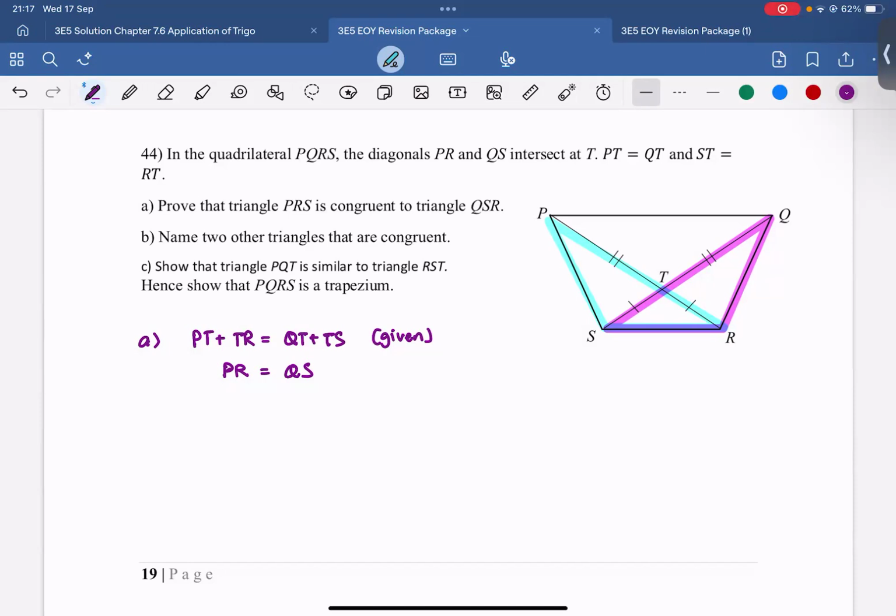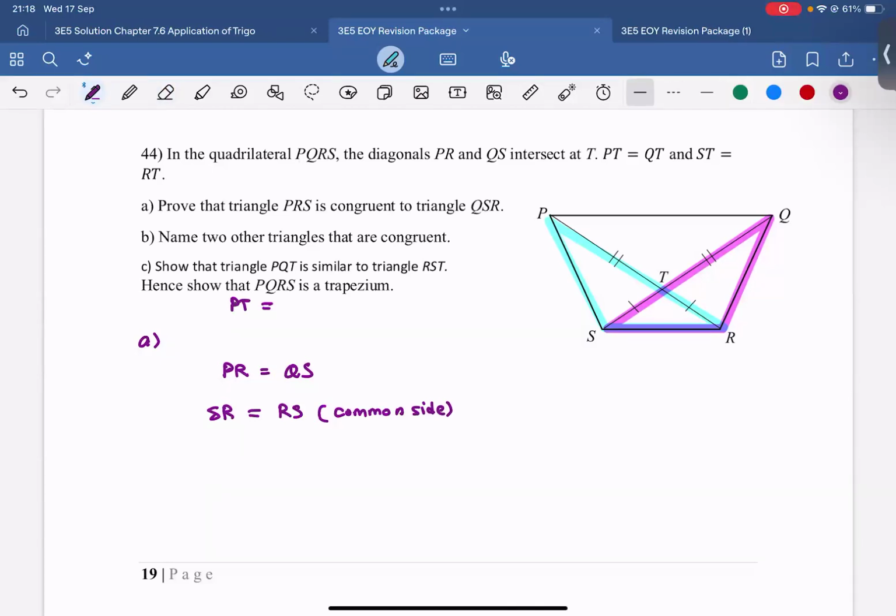Next. But then that means it's not given. The top part is given, but half the equation isn't. Okay, you present like this, it's better. PT equals QT, given.